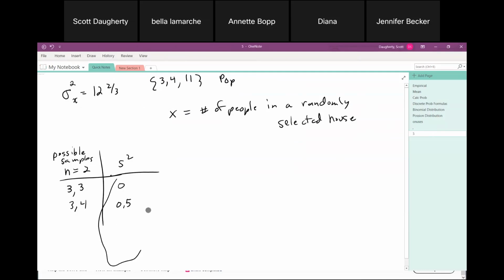So you're going to take all these 9 numbers, just like we had before, and average them up. You're going to see whether they average to 12 and 2/3. If they average to 12 and 2/3, then S squared is an unbiased estimator.